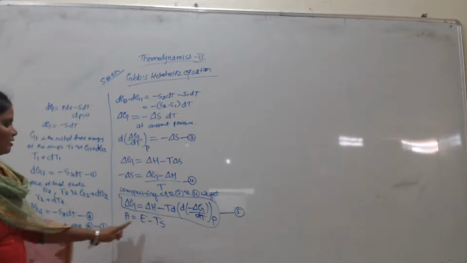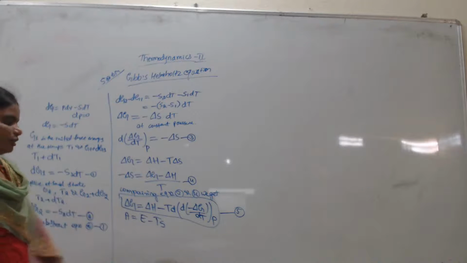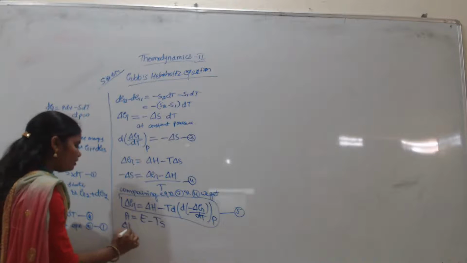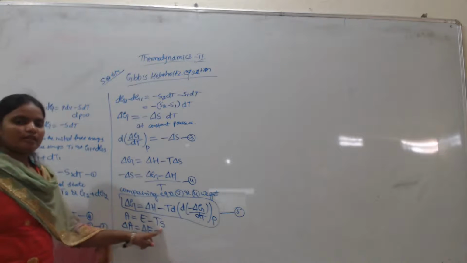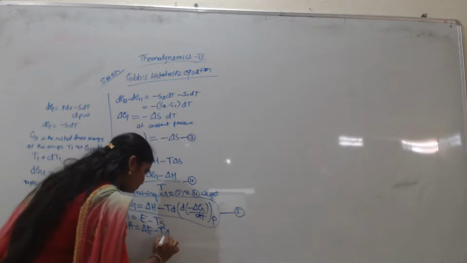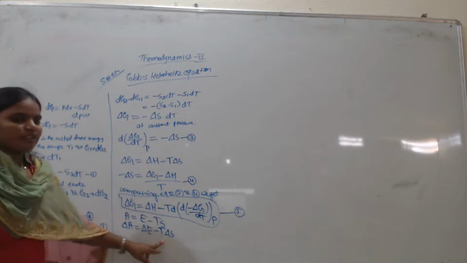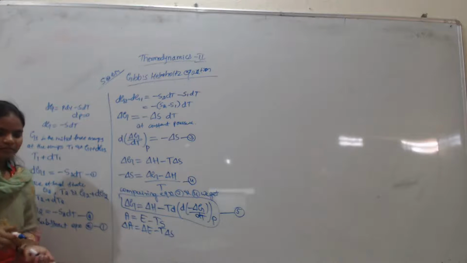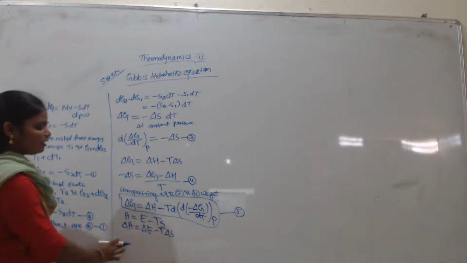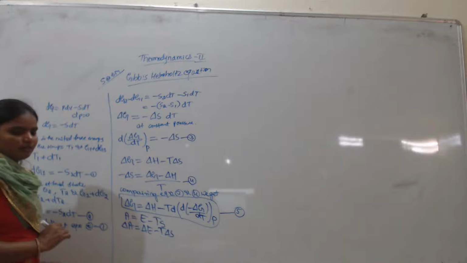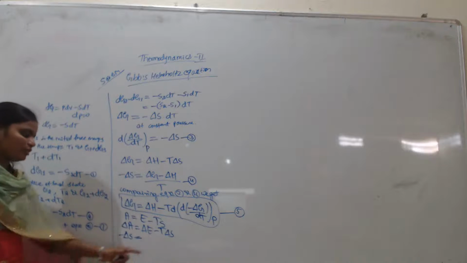Differentiating, that is changing the variables, delta A is equal to delta E minus T into delta S. Finally you get delta A, and taking the minus delta S to this side, minus delta S.